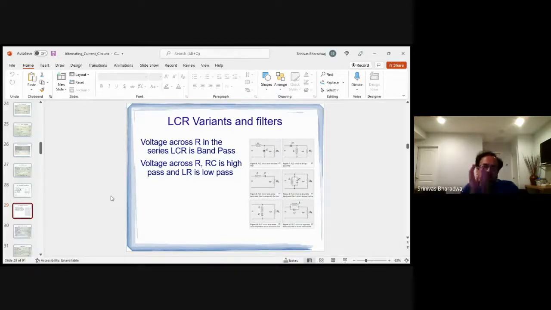So these are what are called filters. A filter, what does it do? Based on the incoming frequency, the voltage across the resisting element will vary. So various circuits are set up to be tuned to a frequency.